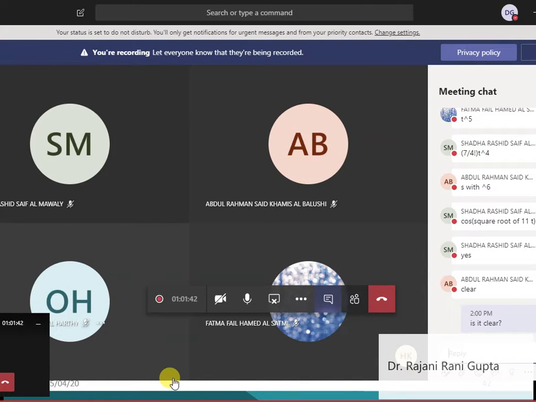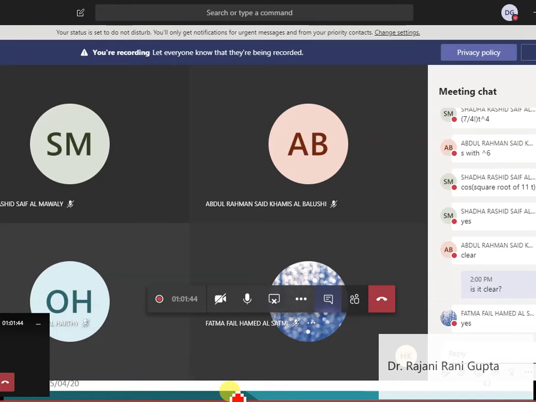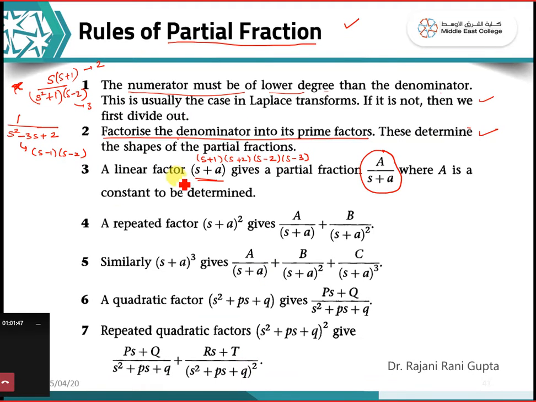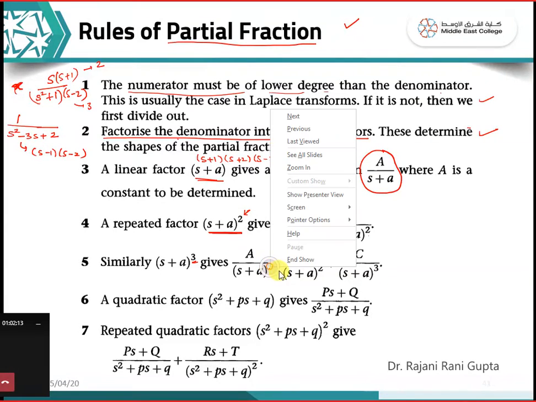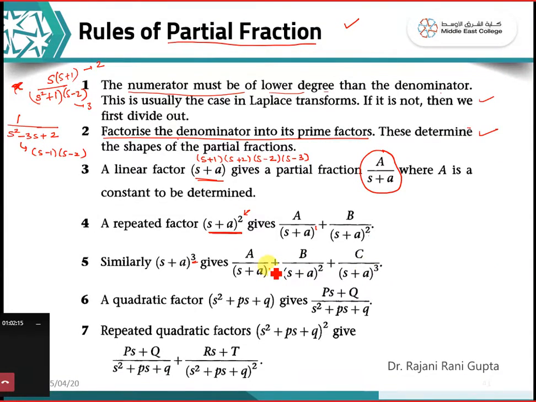Then I move to the next one. Now, the second rule says that a repeated factor (s plus a) to the power 2 gives you two terms: A over s plus a with power 1, B over s plus a with power 2. Means you start with power 1 and reach the maximum power for which the term is given. Similarly, if you have power 3, again you start with power 1, and you should have 3 terms, with power 1, then 2 and 3.